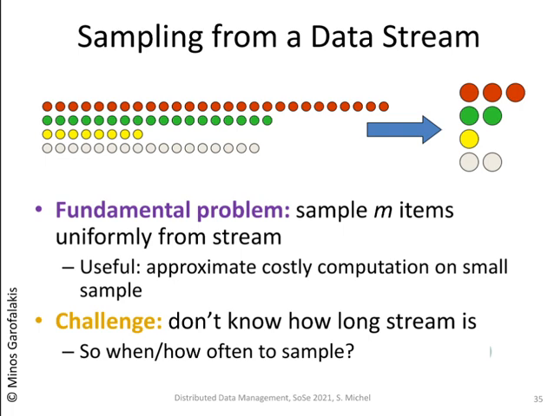We do not know when to sample, or how often we want to sample. In the previous example, this was, of course, the toy example written there, and you want to draw a random sample of a certain size, and you can do that, right? This is not really the problem once you have access to all of the stream contents. But here, in the general problem, we do not know how long the stream is, and this is a problem to be solved.